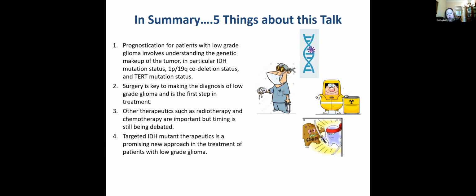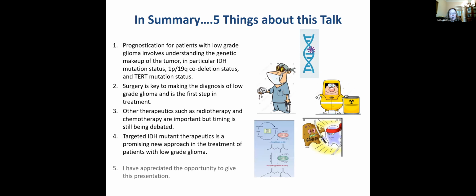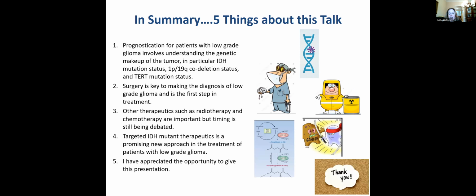And targeted IDH1 therapeutics are a promising new approach in how we can treat those low-grade glioma patients. I will tell you, one of the other endpoints in the Indigo study is actually seizure control. So we're pretty excited because that 2-hydroxyglutarate may not just treat tumors, but also seizures. And then I just appreciate the time and opportunity to give this presentation.